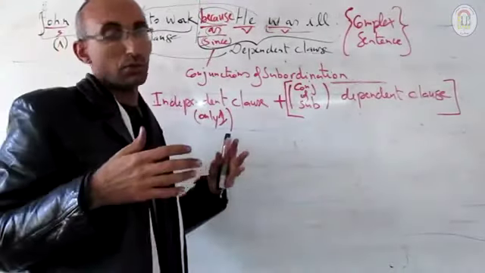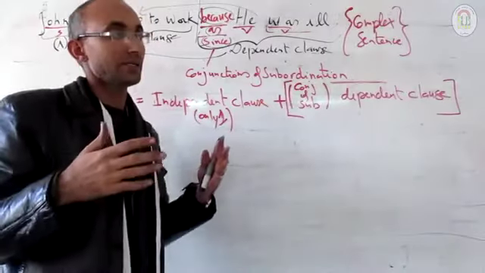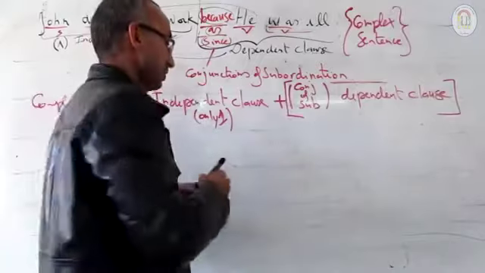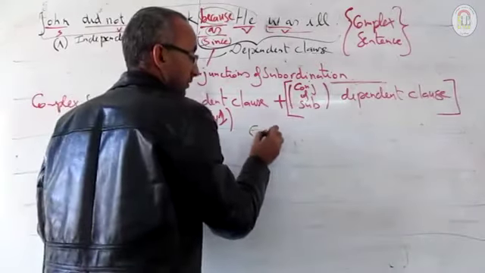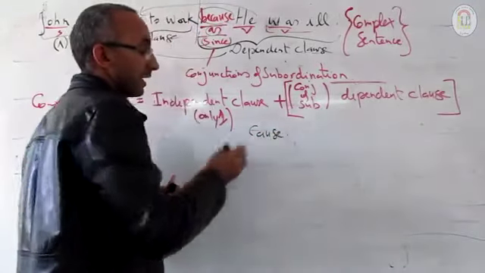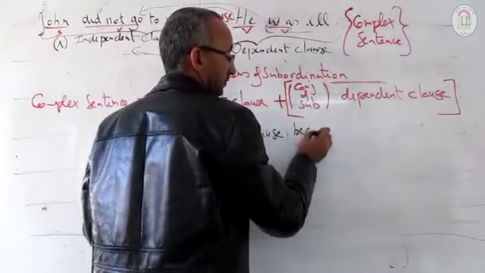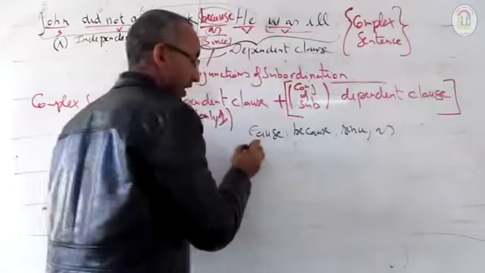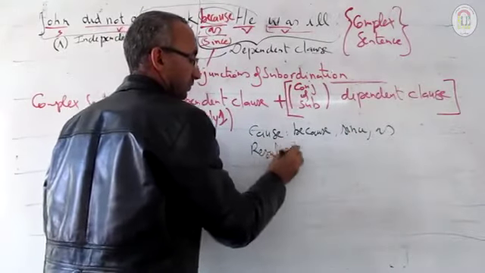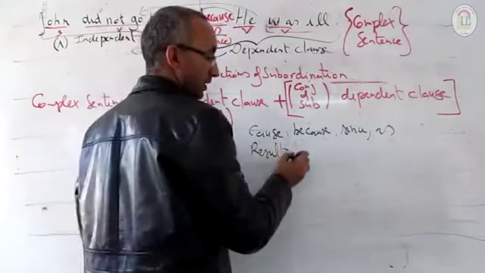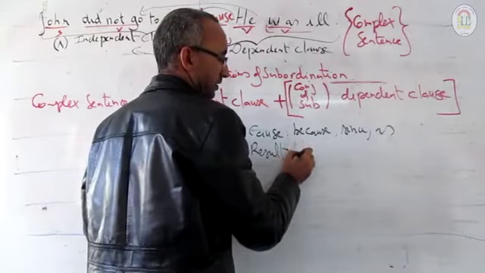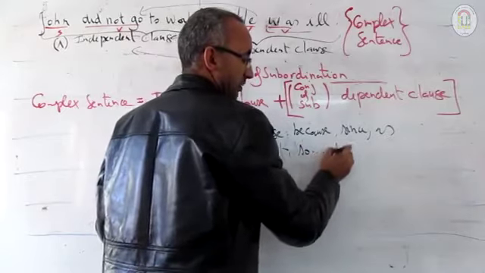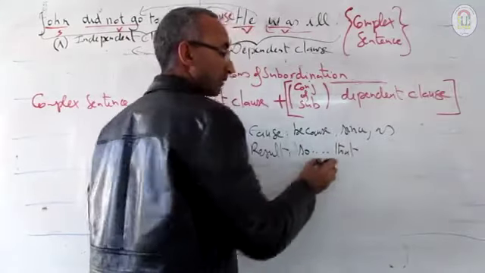Of course, we have a long list of conjunctions of subordination. We have those which express cause, like because, since, as. Now result. We have so plus adjective plus that.